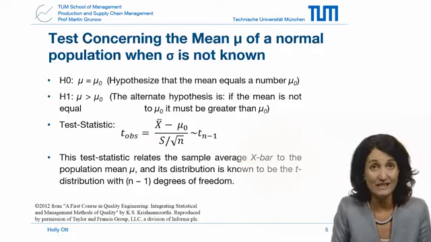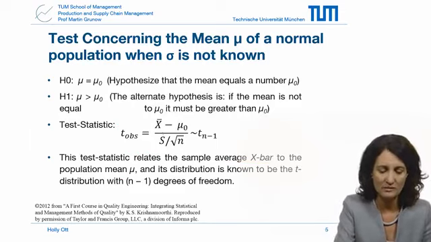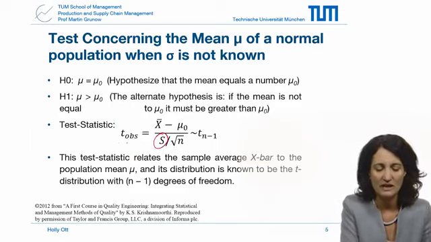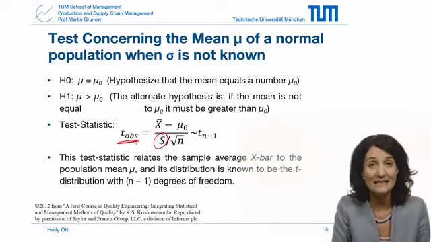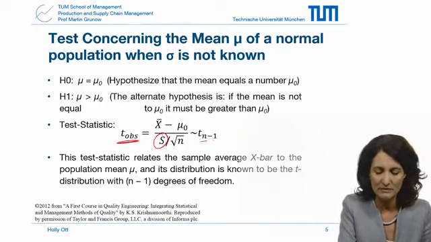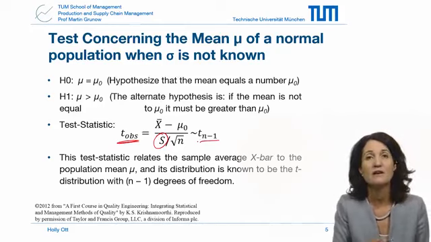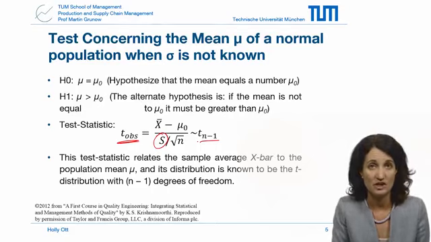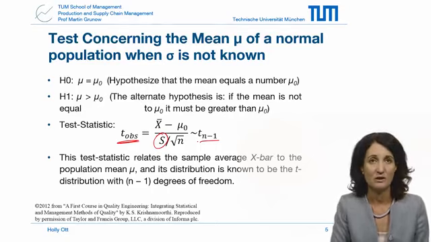Likewise, if we didn't know the variance, we would take the sample standard deviation and calculate the t-statistic. The t-statistic has n-1 degrees of freedom, and there again, we would see if our observed t-statistic was in the critical region, and then we would prove to this alpha level that our new population is different than the original population.